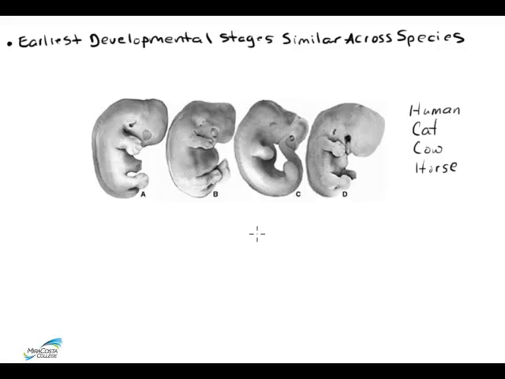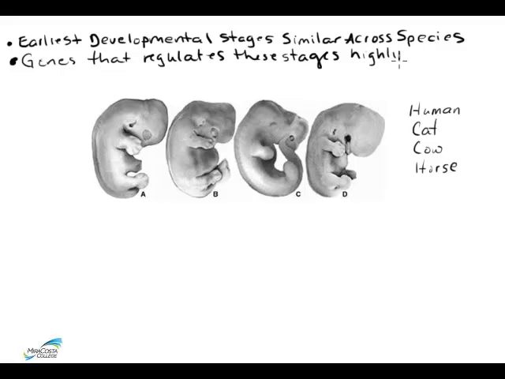So that's been known for a really long time, but it's only with recent technology where we were able to actually get at the gene sequences that are responsible for these earliest stages of development that it became apparent that the reason that these developmental stages are so similar across species is because the genes that regulate these early stages are extremely highly conserved across species, meaning that they can be found in all these different species, either the same gene or very highly related genes.